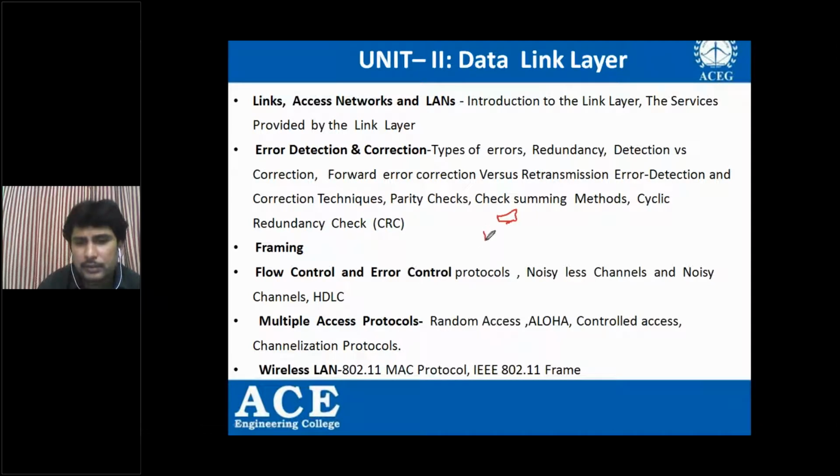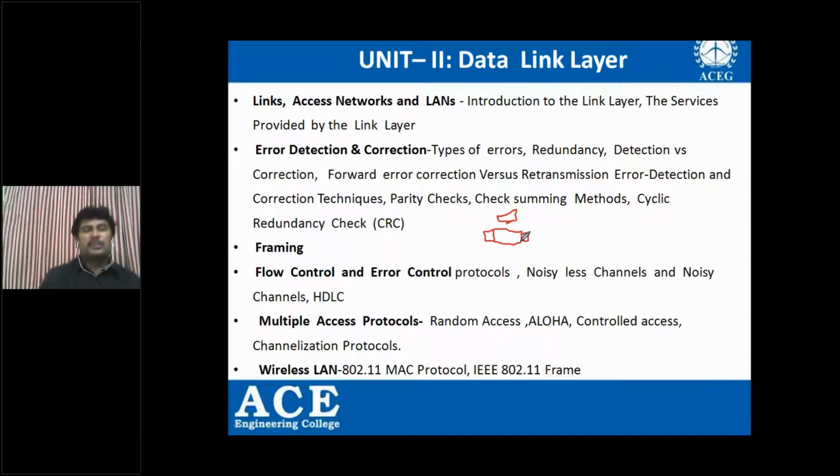Suppose this is my network layer data. And to this, I am adding a header, I am adding a trailer, and inserting this header and total data into this part, which is your network layer's data.